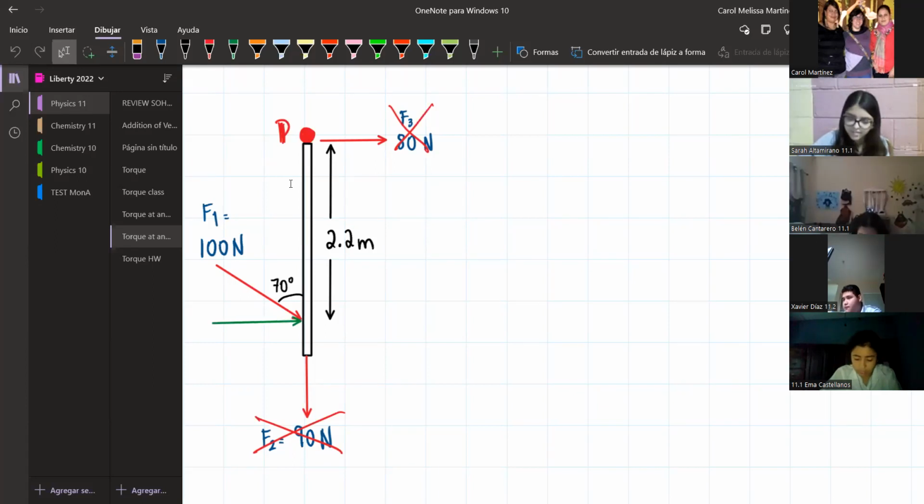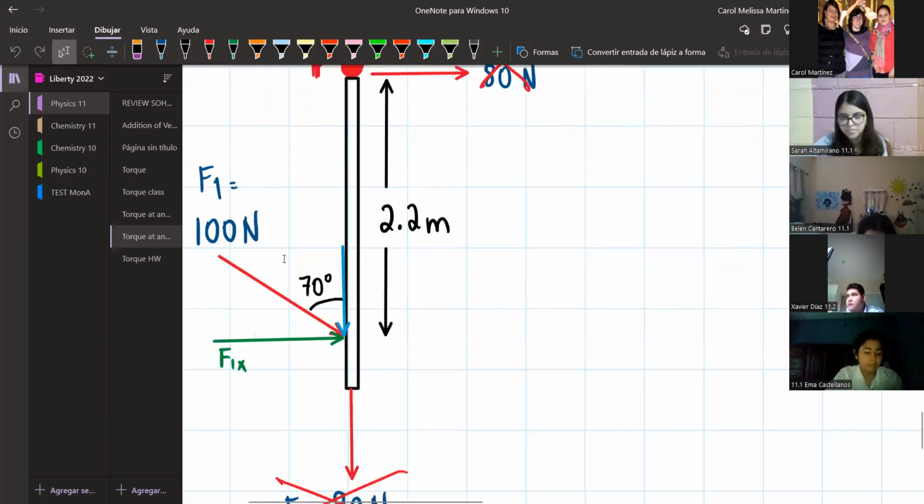It's gonna have a component in X and a component in Y. You can put it here or over there. It doesn't really matter. What matters is where the force is going.